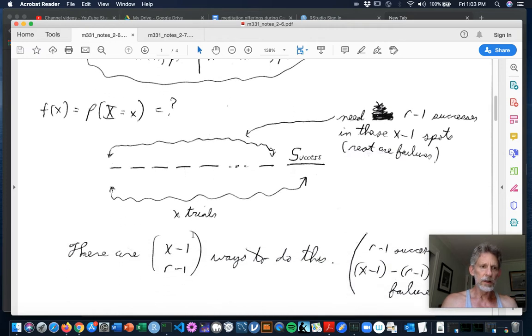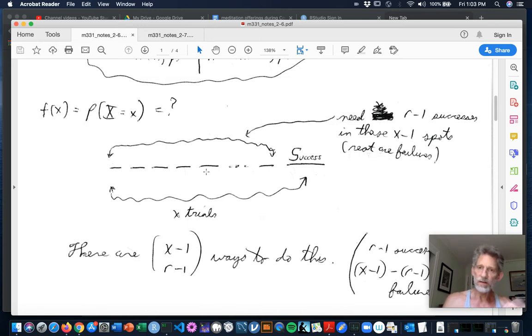So we'd like to know what's the probability that our capital X negative binomial is equal to little x? What's the chance that it takes little x trials to accumulate the r successes? So focus in on this picture here. Each of these little lines is basically standing for a trial, and we could fill in over the line how the trial turned out.